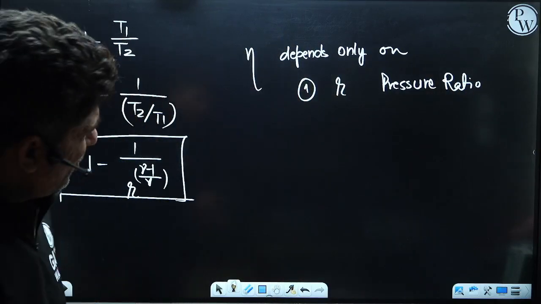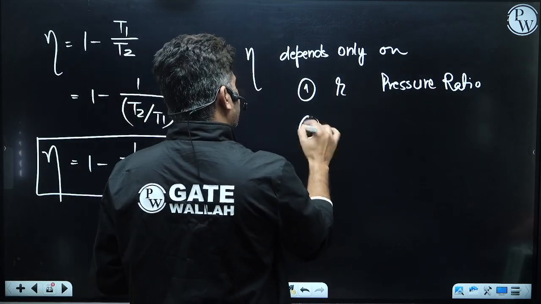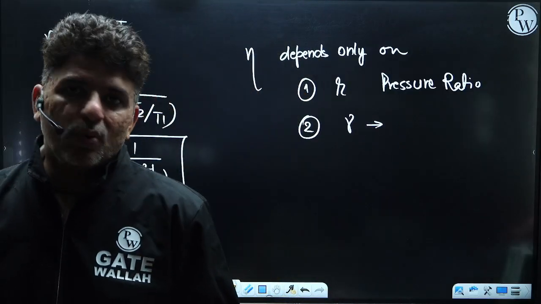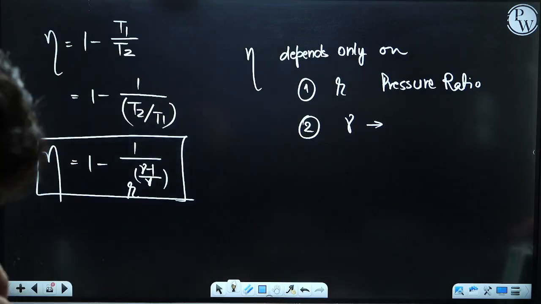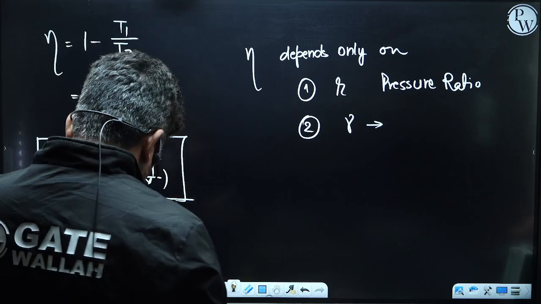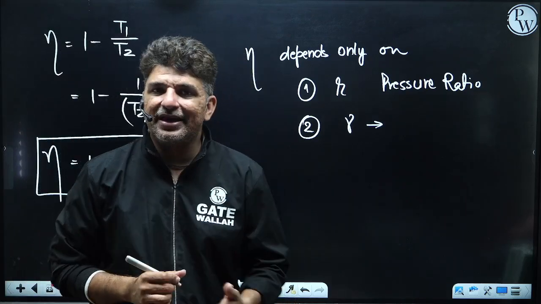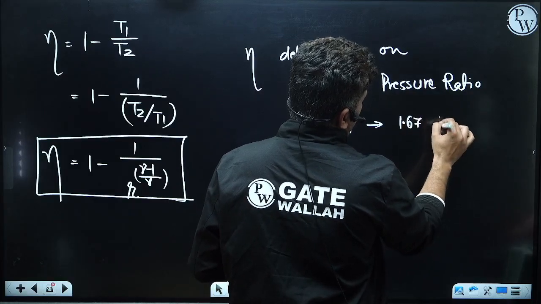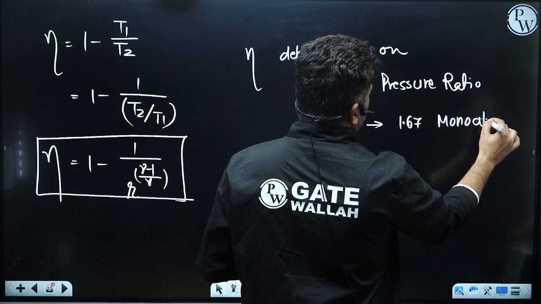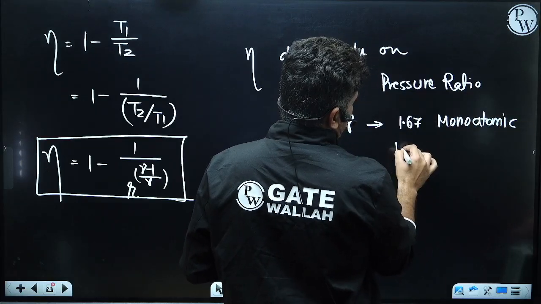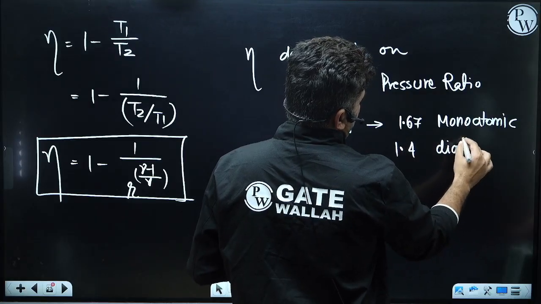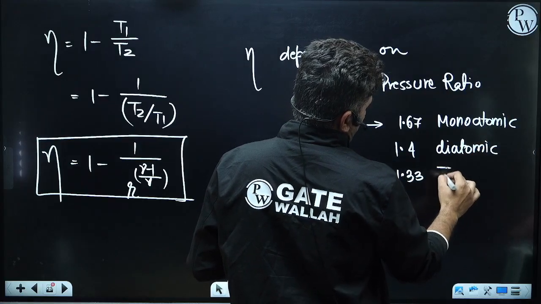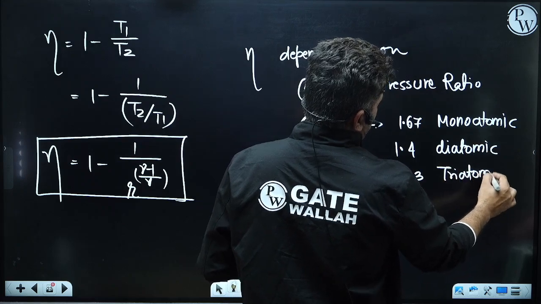And the second term on which it depends is gamma, which is dependent on the nature of the gas: monoatomic gas, diatomic gas, triatomic gas. So gamma is the ratio of specific heats. It is 1.67 for monoatomic gases, 1.4 for diatomic gases, and 1.334, let's say, for triatomic.